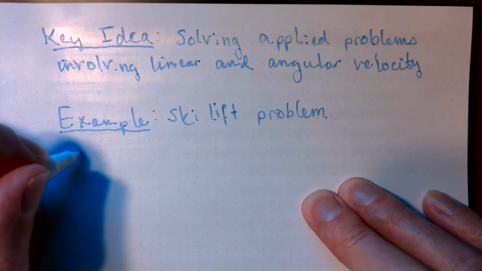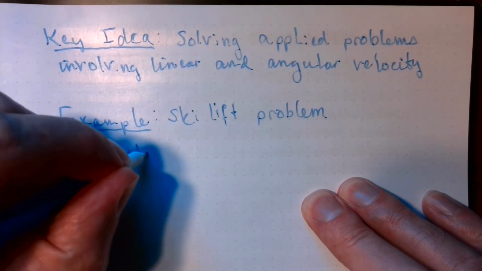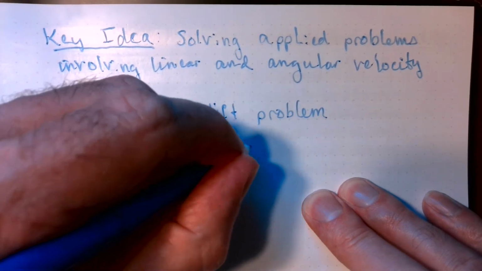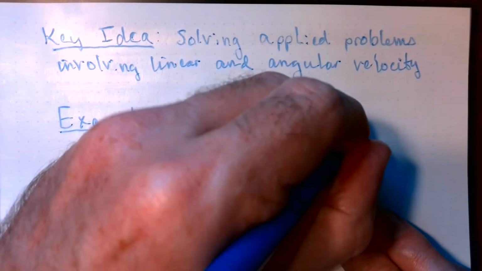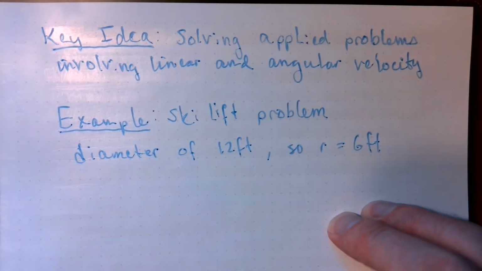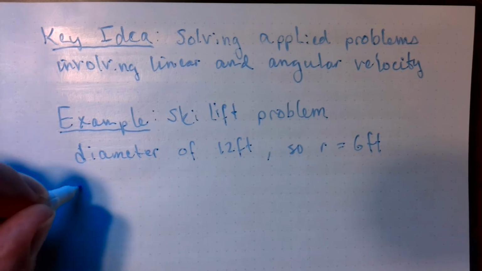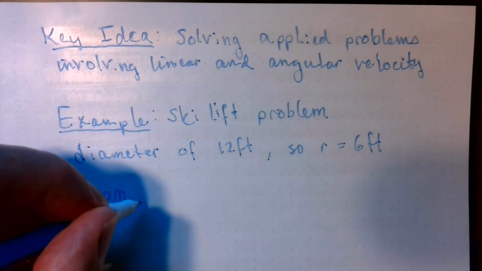Now, the diameter of that big wheel was 12 feet. So the radius of that wheel is 6 feet. Now that's going to be important. They also tell us in the problem that the wheel makes 9 revolutions per minute.